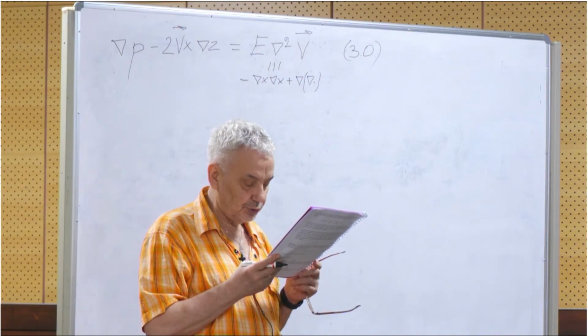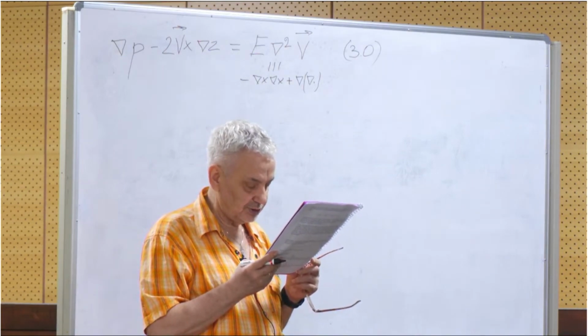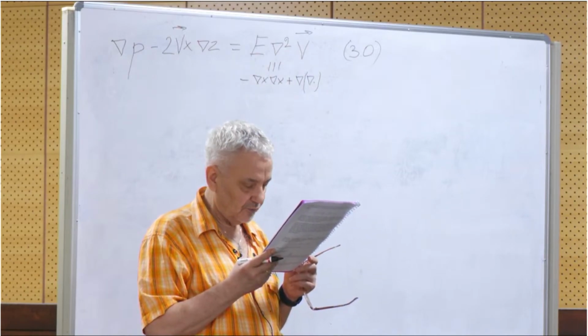From the asymptotic point of view, this corresponds to the fact that in the problem under consideration, we must first find a solution in the limit of an infinitely small Rossby number.